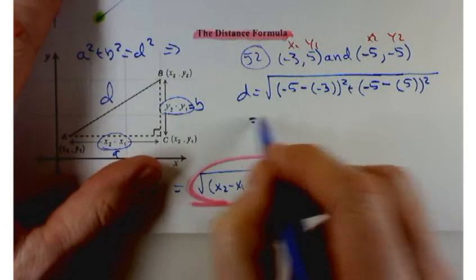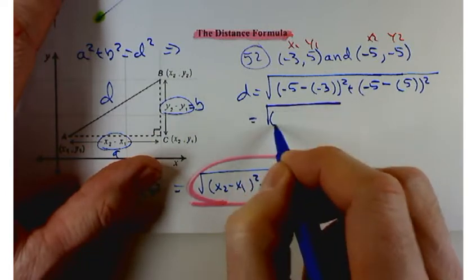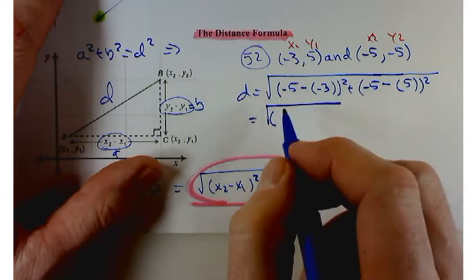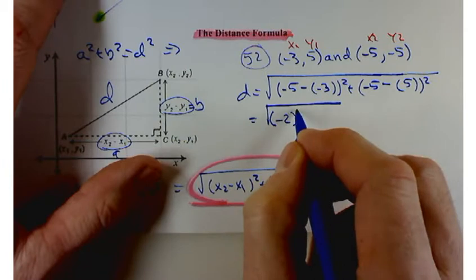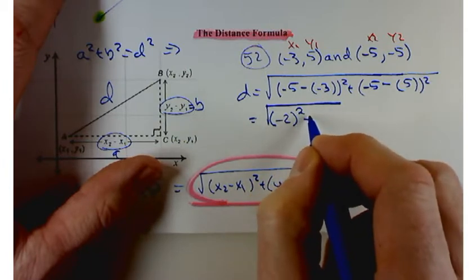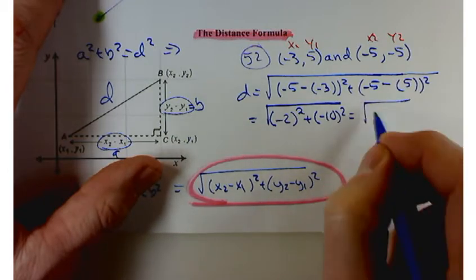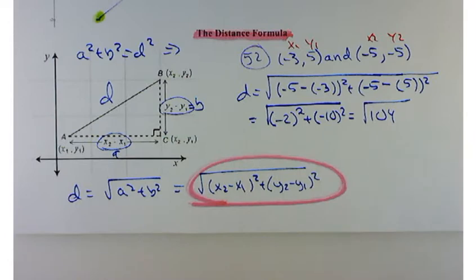What happens inside the parentheses? It's -5 plus 3. And what's -5 plus 3? -2. So -2 squared plus -10 squared is the square root of 104. Because you get 4 plus 100, 104.